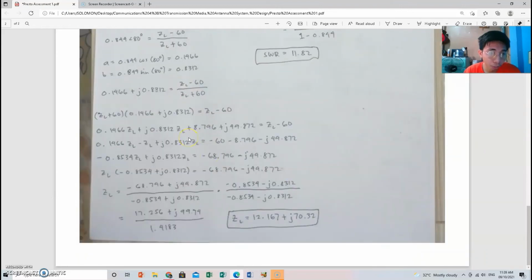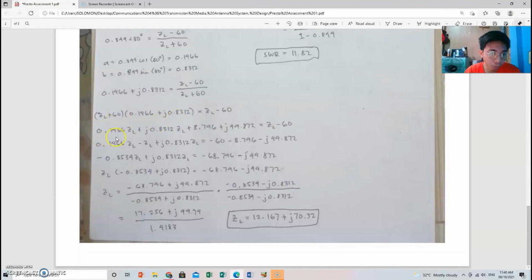And by algebraic manipulation, multiply both sides by ZL plus 60. So that becomes ZL plus 60, quantity 0.1466 plus J 0.8312, is equal to ZL minus 60. Or by just simply cross multiplying, and by distributive property, distribute the terms. So distribute this one, and then this one, and then this one.